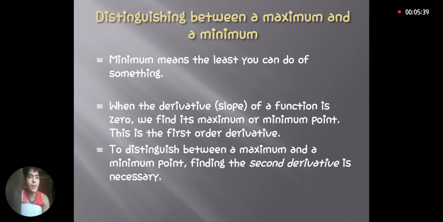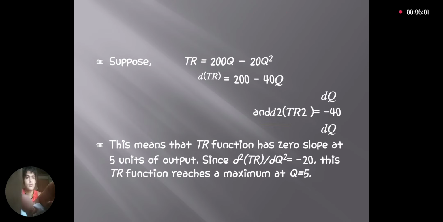When the derivative slope of a function is 0, we find its maximum or minimum point. This is the first order derivative. To distinguish between a maximum and a minimum point, finding the second derivative is necessary. Suppose, let's see this example here. Suppose that a firm has the following profit function.